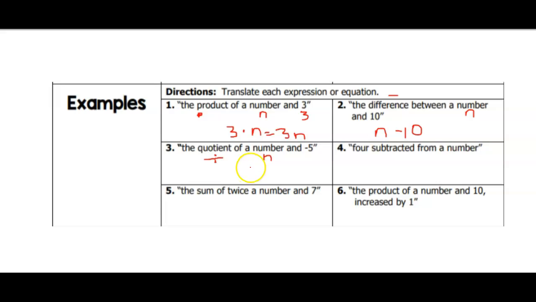So that means I'm going to write n divided by negative 5. And I did it as a fraction. Or, guys, you could do it the old school way where you say n divided by negative 5. They're both the same.